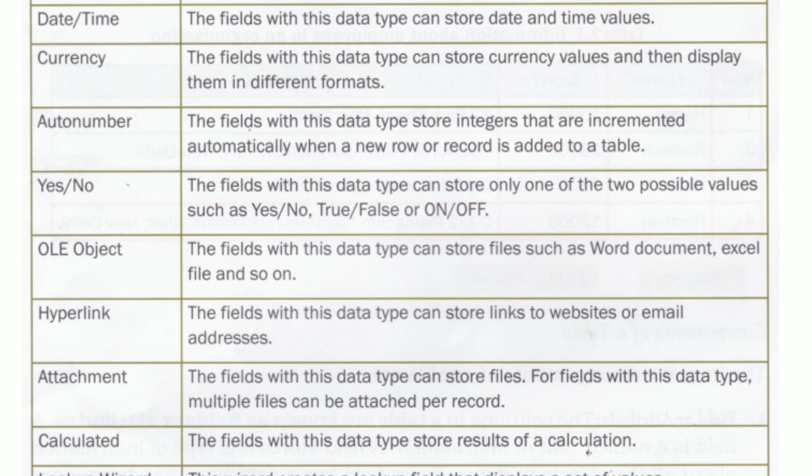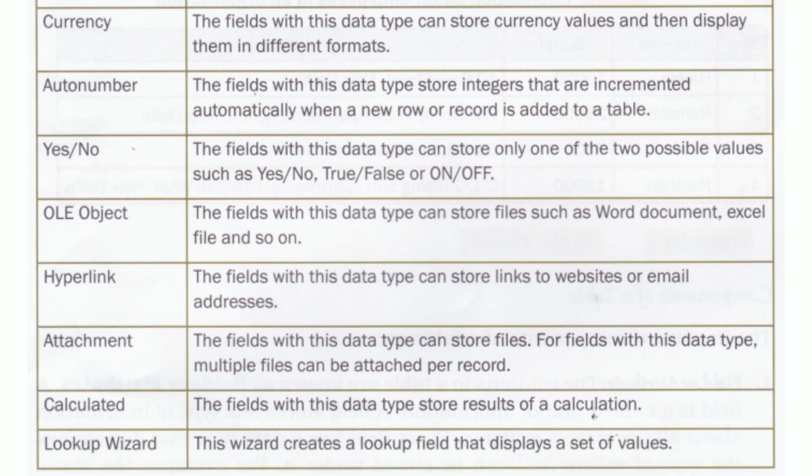Suppose that if we are creating a table in which there is a column or field where the data related to amount is stored, and in this field if we want to add the symbol of the currency, we can use this particular data type for storing such type of data. The currency field accepts data in different currency formats. This field with the data type can store currency values and display them in different formats.